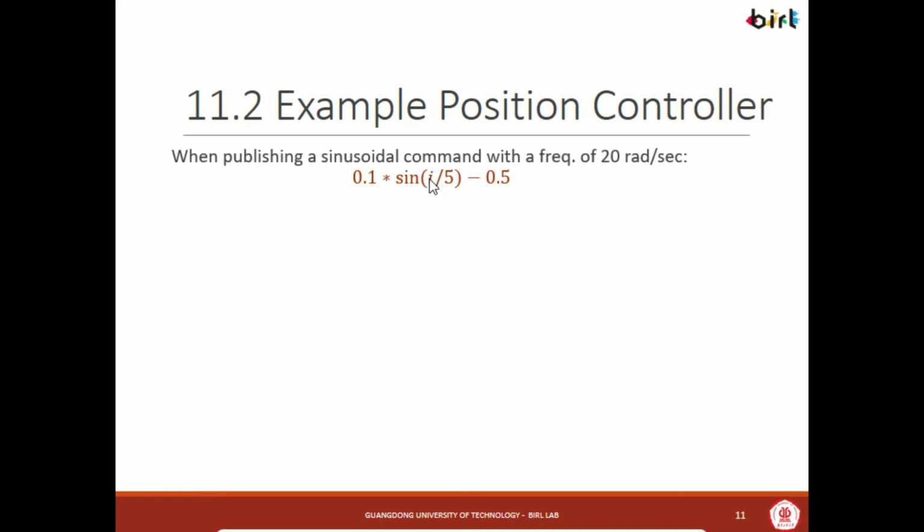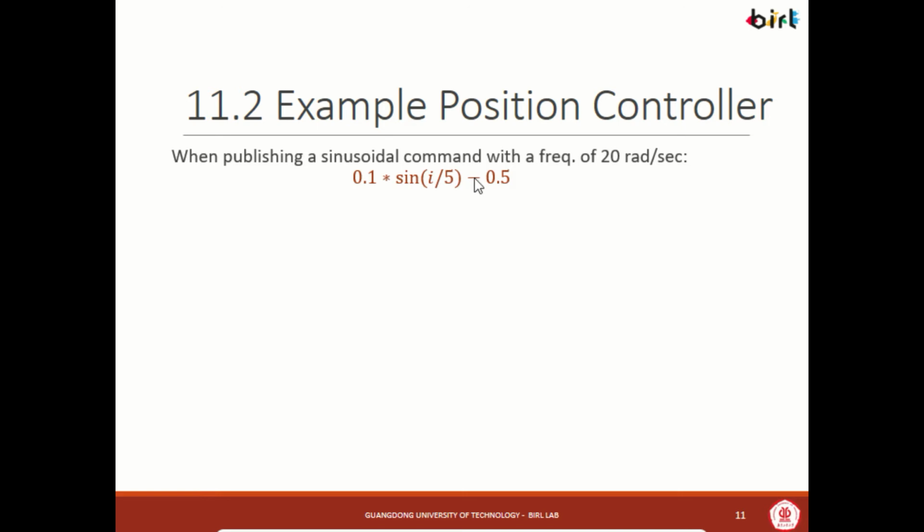For the commanded data, when we publish the data, how fast do we want to publish that? 100 hertz. So if we want a sine curve of 20 radians per second, what do we need to do? We take this i, which in 1 second will go up to 100, and divide by 5. So every second, we go up by 20 radians.